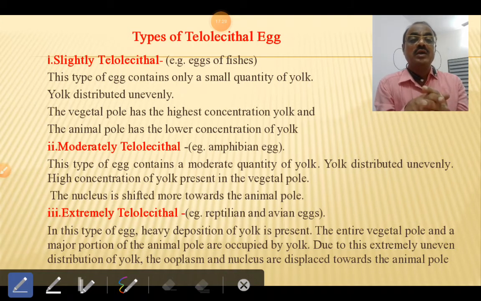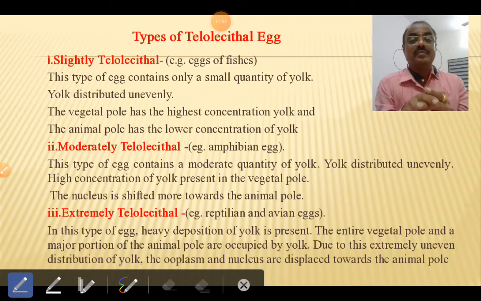Now, second is the moderately telolecithal eggs. Generally, amphibian eggs come under this category. This type of egg contains a moderate quantity of yolk, distributed unevenly, with high concentration of yolk present in the vegetal pole. The nucleus is shifted more toward the animal pole.